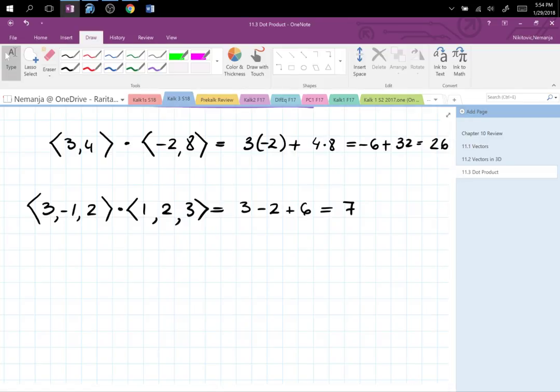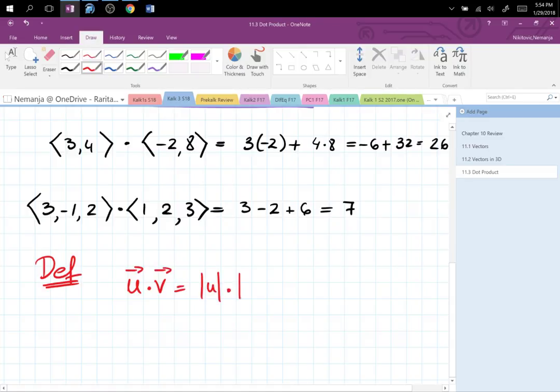So u dot v is the magnitude of u times the magnitude of v, this is regular multiplication, times the cosine of theta, which is the angle between two vectors.